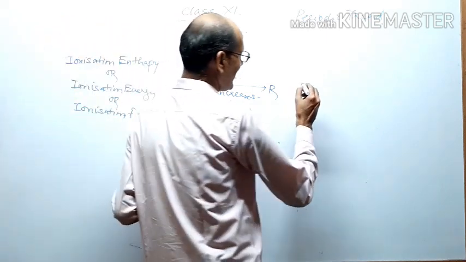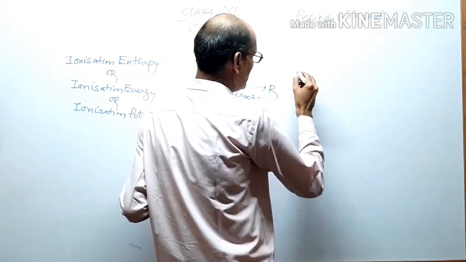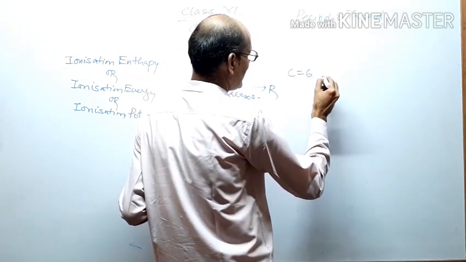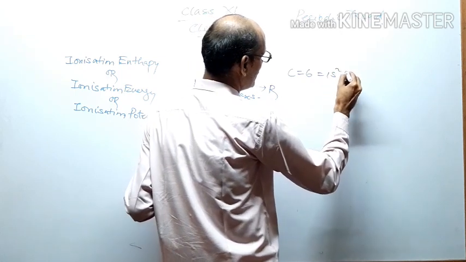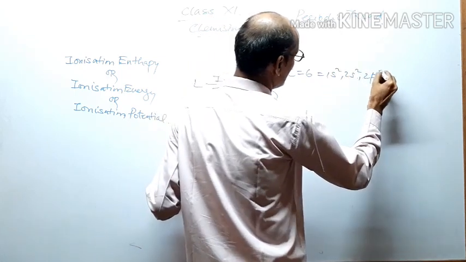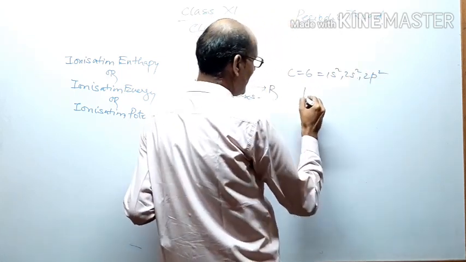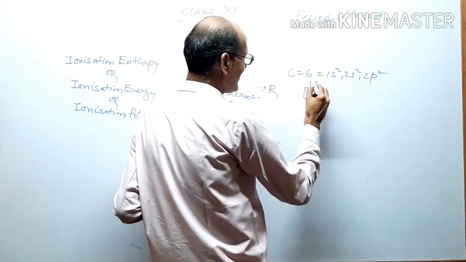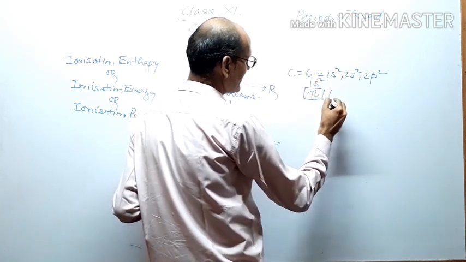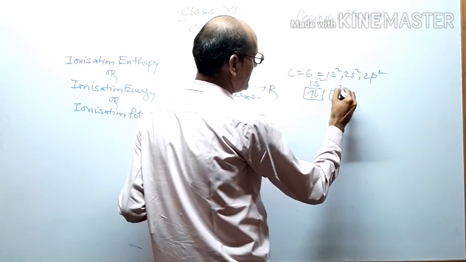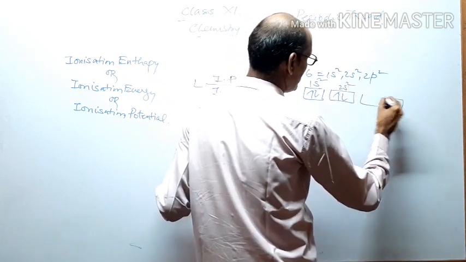Now moving towards the stability and how the ionization potential depends upon the stability of the element. Suppose one element, carbon, has 6 electrons: 1s2, 2s2 and 2p2. If you draw the orbital diagram, this is 1s2, this is 2s2 and this is 2p2.